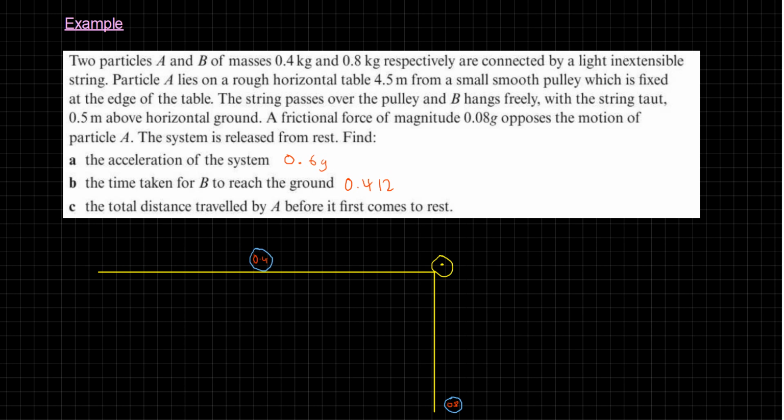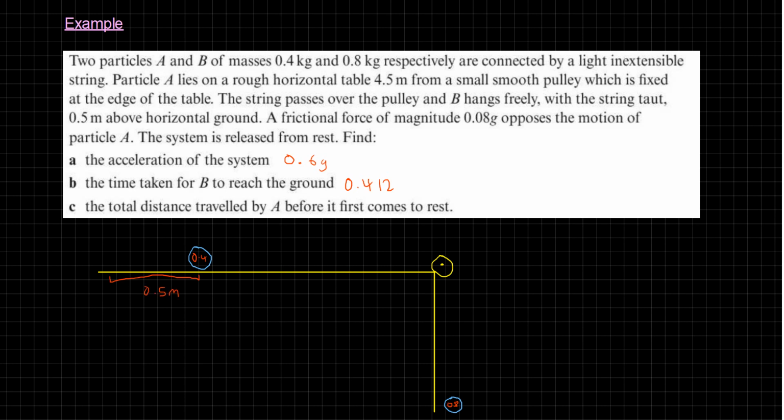And how far will it have moved at that point? Well, it was 0.5 meters above the ground, wasn't it? So realistically, let's not make it go along too far. The point is they've moved the same distance, and that distance is 0.5 meters.